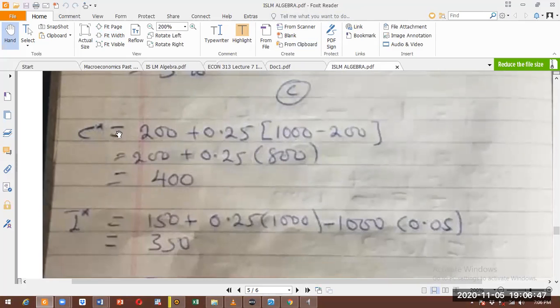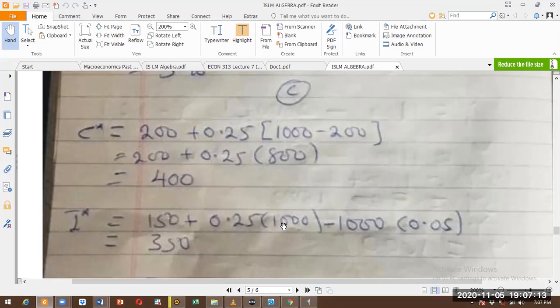Consumption is equal to 200 plus 0.25 YD, and the YD is Y minus T. Now we know our Y to be 1,000. So disposable income will be 1,000 minus 200, which is 800. When we simplify this, we are getting 400. So consumption is 400.